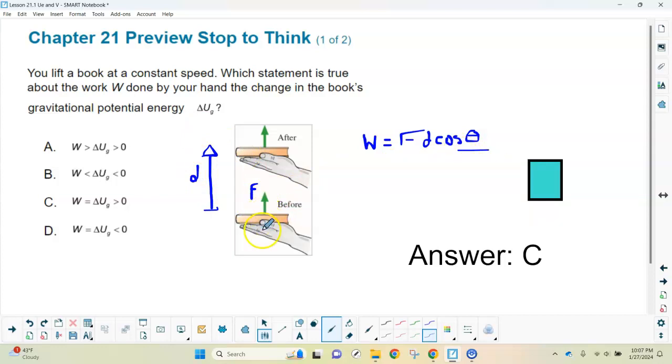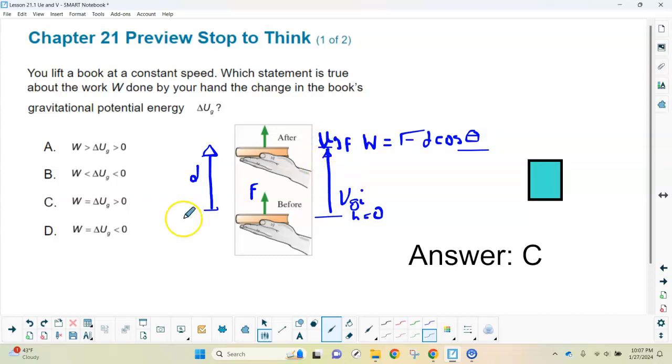So my hand did positive work on this book, and because of that, if we look at the change in potential energy, down here the height is zero. Up here there is some height, so the potential energy final, U_G at the end compared to U_G in the beginning, there was a gain in energy.